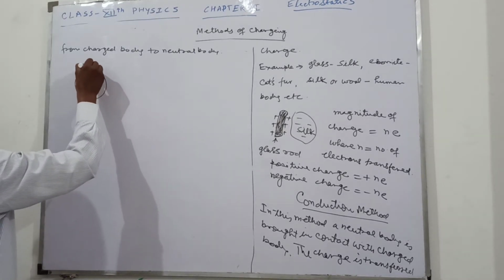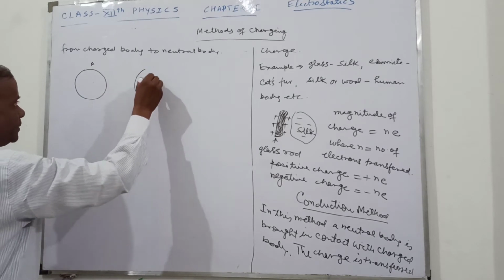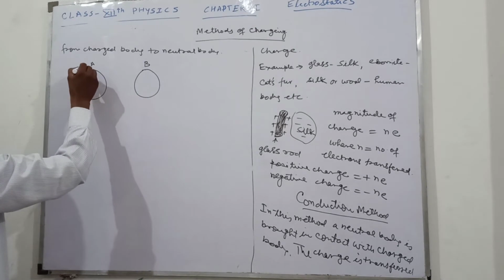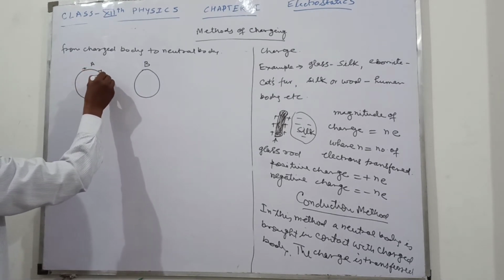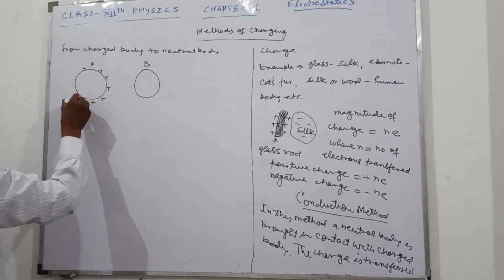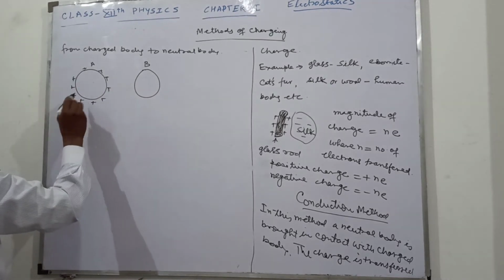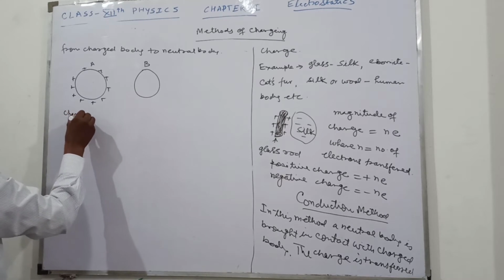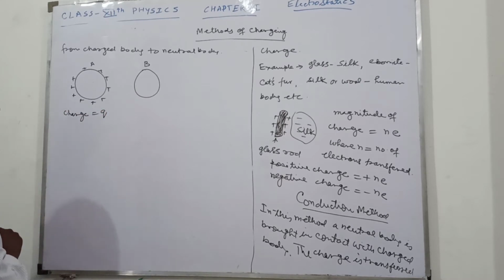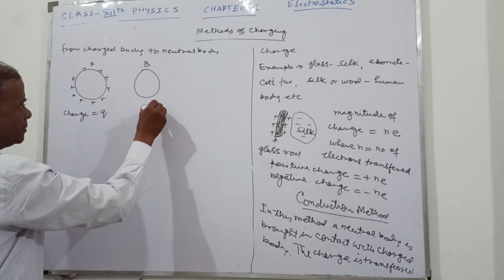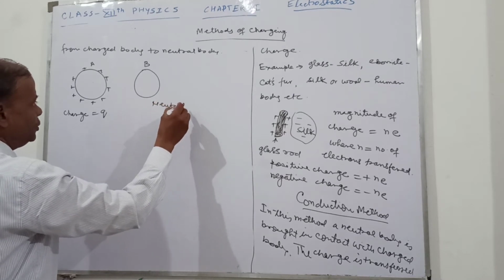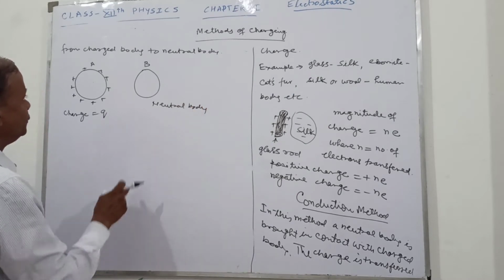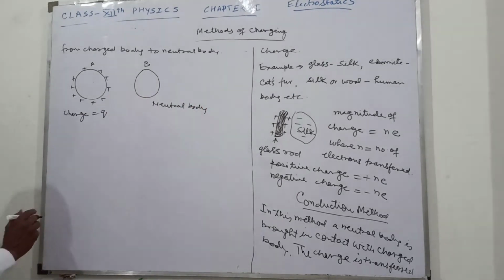This is sphere A and this is sphere B. Sphere A has the positive charge, suppose the charge is Q. This is the neutral sphere. We are taking that both the bodies are identical.